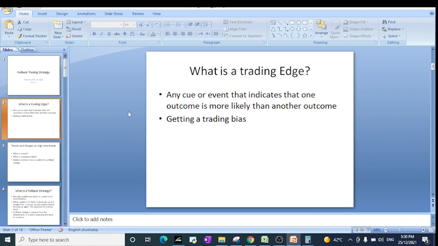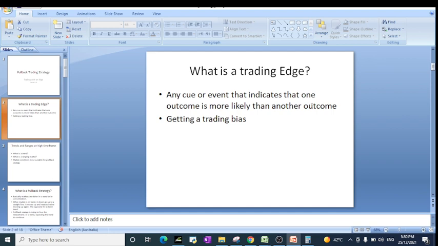For me, an edge, plain and simple, is basically the probability of one outcome occurring over another. If you have a cue on an event that indicates that one outcome is more likely than another outcome, then you have an edge.